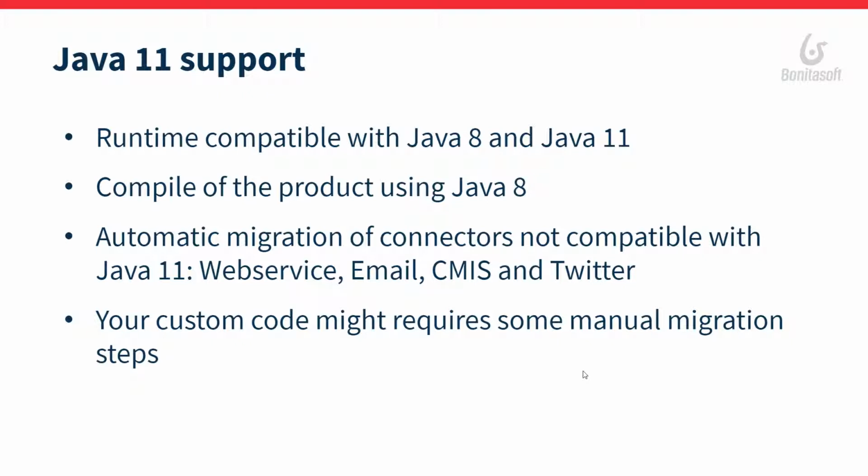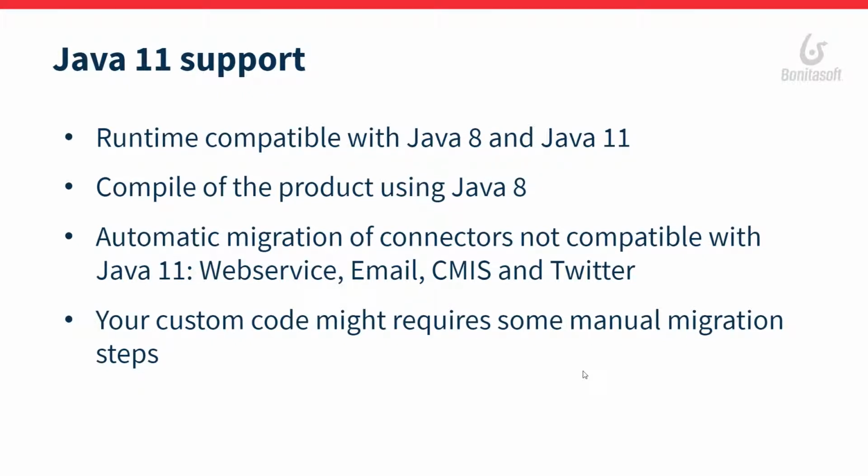Of course, with Java 11, some features were deprecated and removed from Java. So some connectors, or more exactly some dependencies of connectors, might no longer be compatible with Java 11. This is why we had to update a few connectors we package with Bonita. This includes the web service connector, the email connectors, the MIS connector, and the Twitter connector.